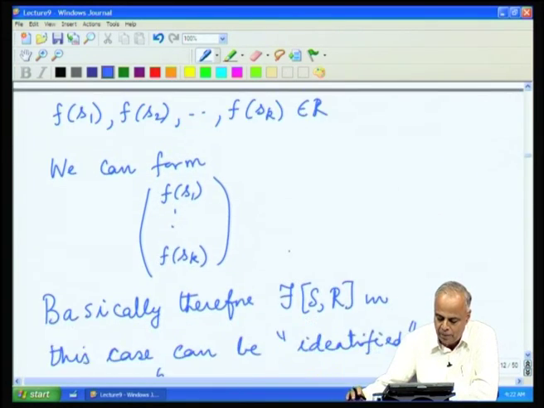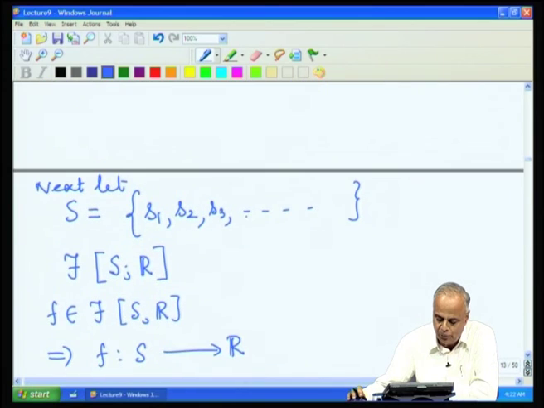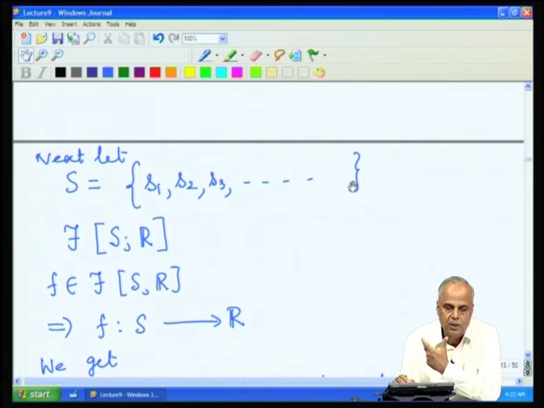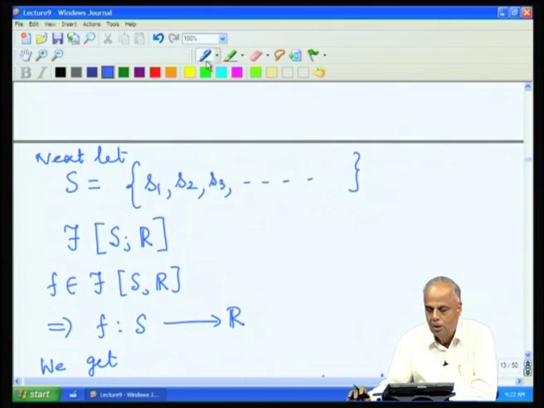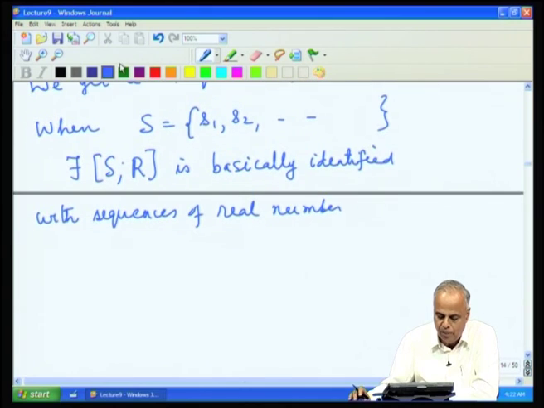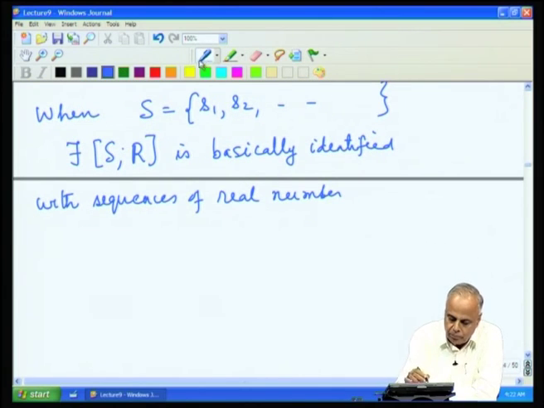Similarly, when we are talking about infinite sequences of real numbers, we are talking about functions from an infinite sequence S1, S2, S3 to the real numbers. So these functions and these column vectors can be identified with each other.